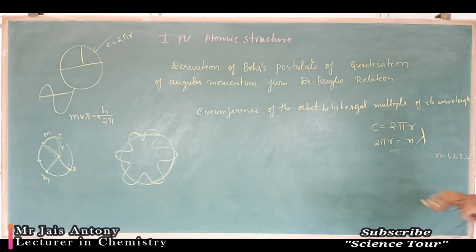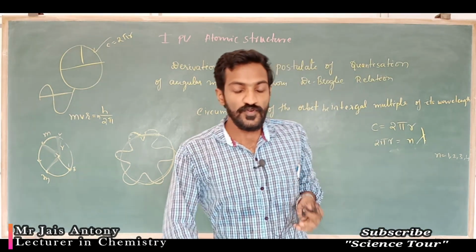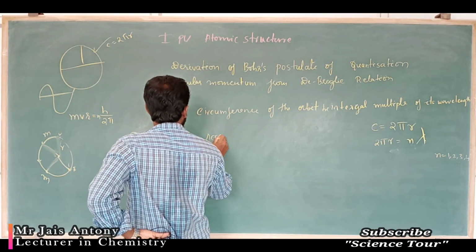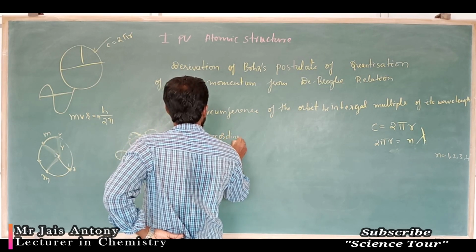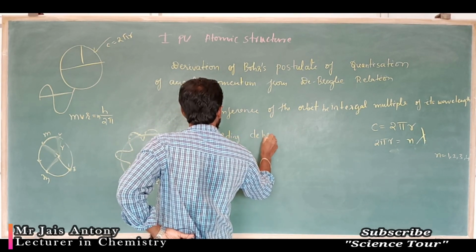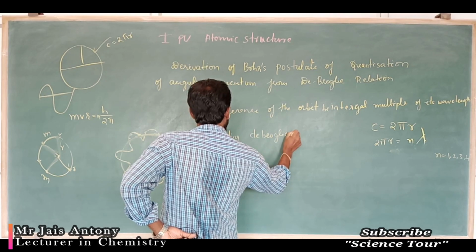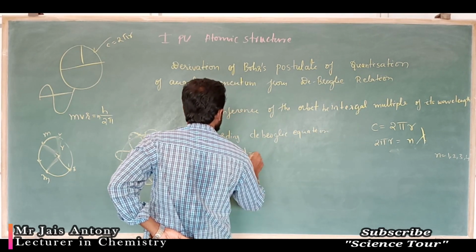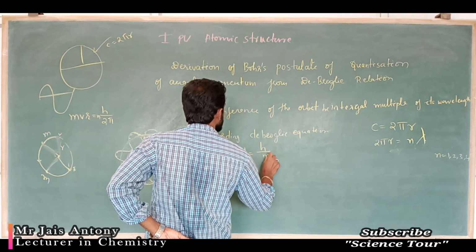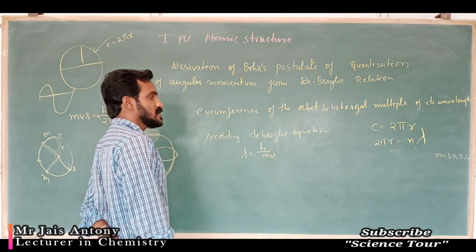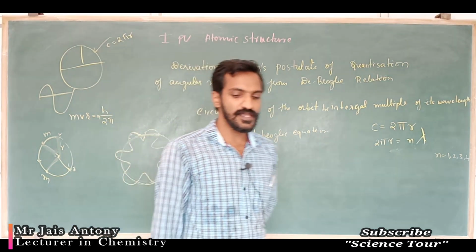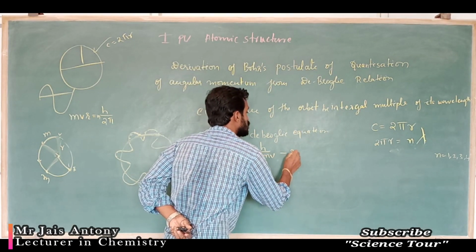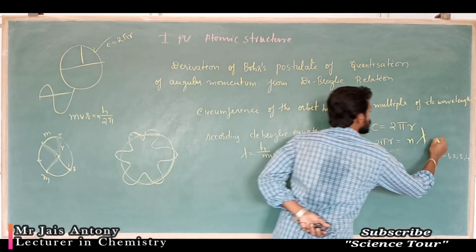Okay, my dear students, now using de Broglie equation, according to de Broglie equation, lambda is equal to h divided by mv. I will consider this as equation 2, and this is equation 1.